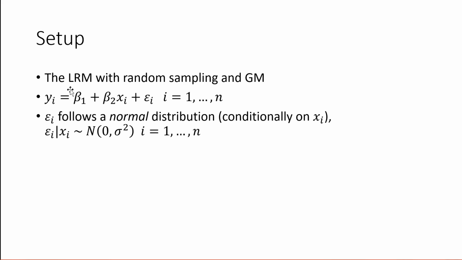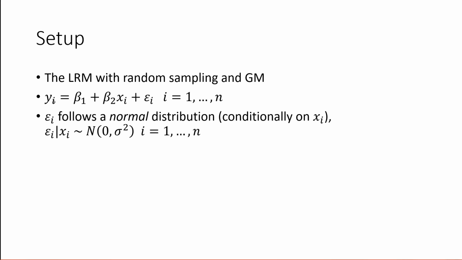If we go back to the previous setup, beta 2 measures the effect that the x variable has on the conditional expectation of y. If beta 2 is equal to 0, it basically says that x has no effect on this conditional expectation.